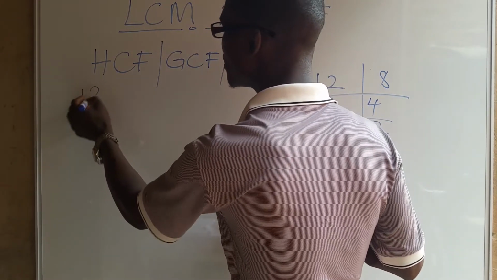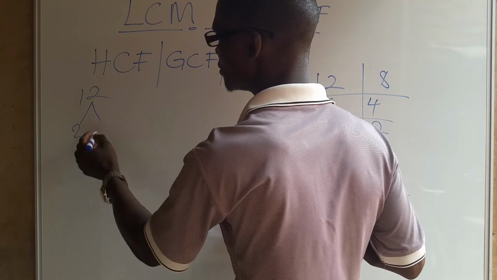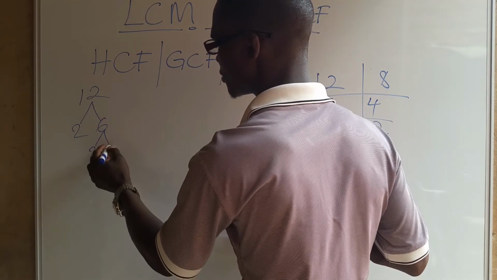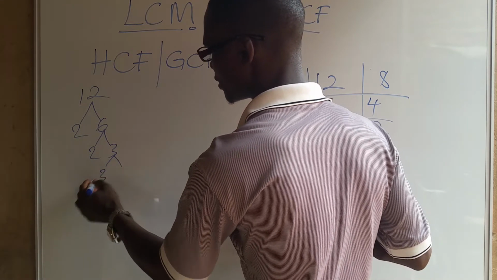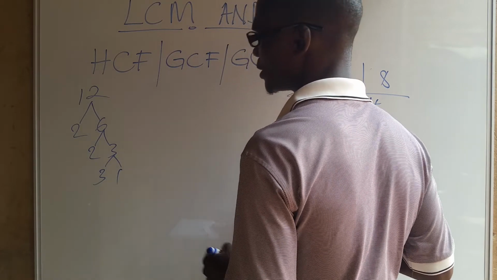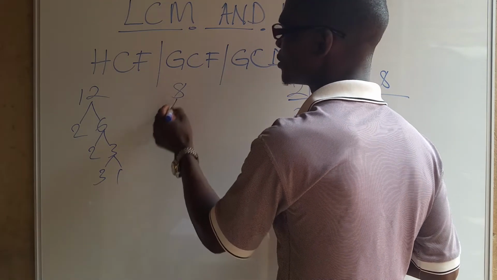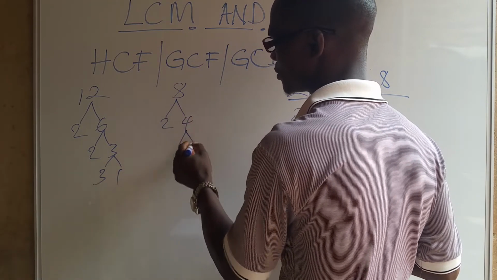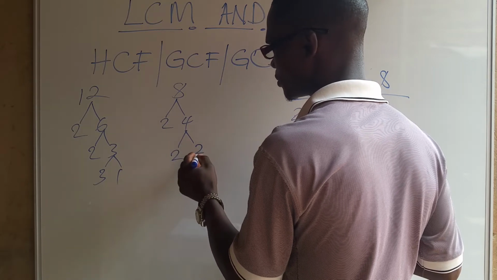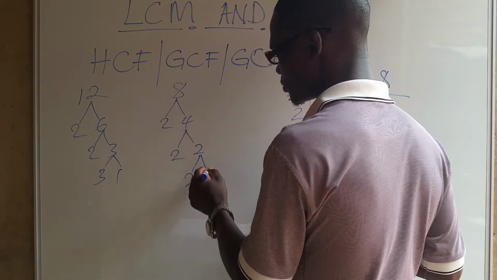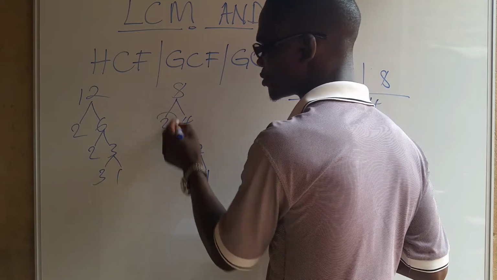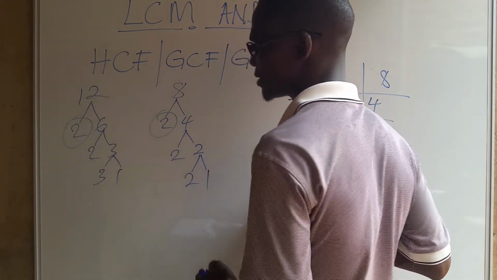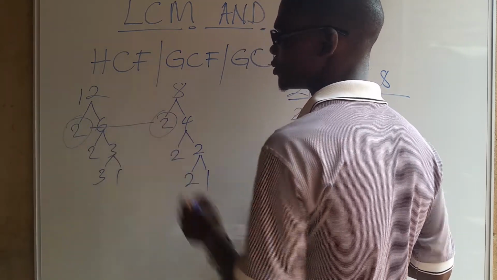We can prime decompose 12 by 2, 6, by 2, 3, by 3, 1, then 8, by 2, 4, by 2, 2, by 2, 1. So we circle the common factors. We have a 2 and a 2.